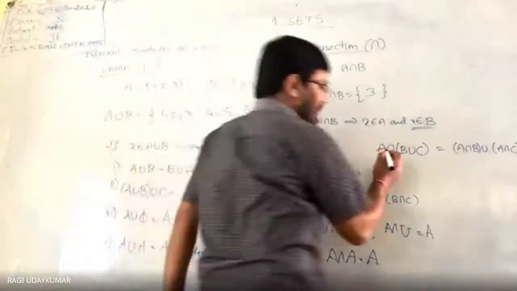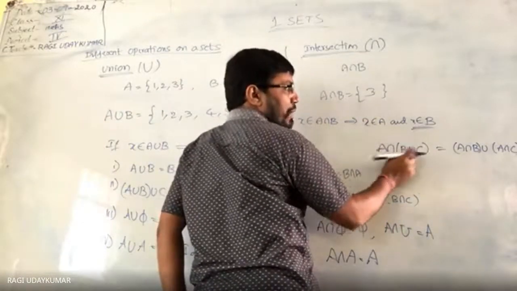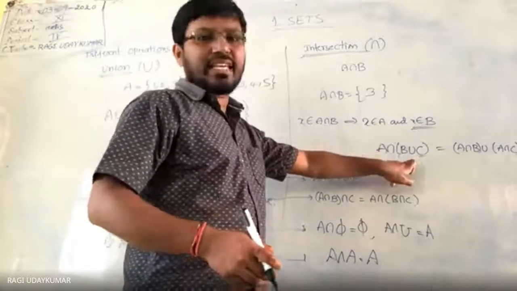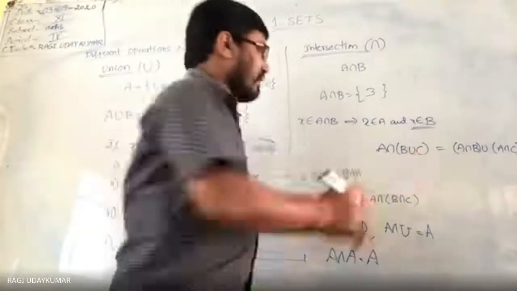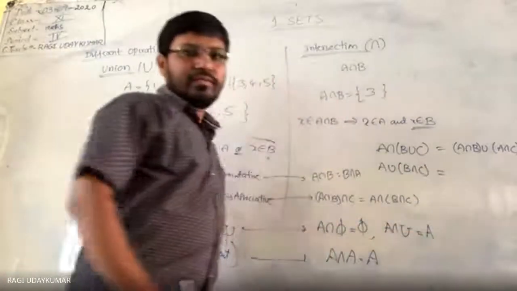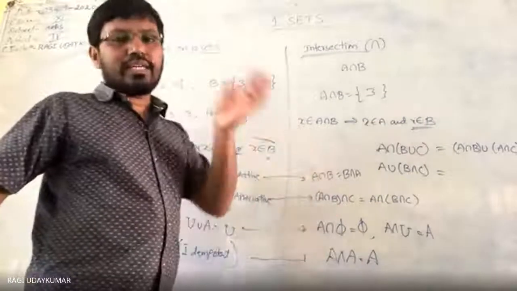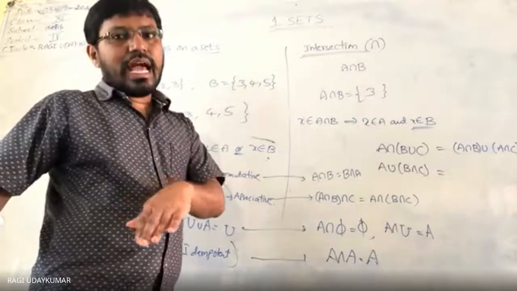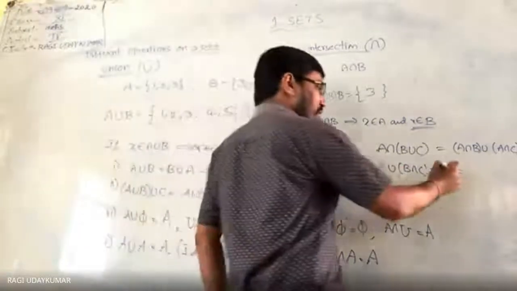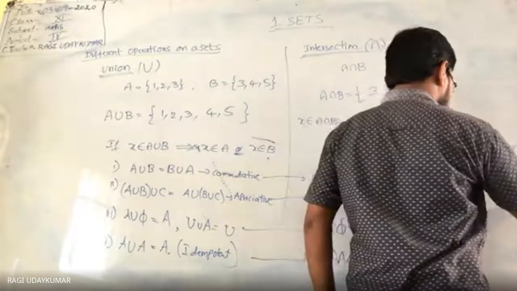First intersection, next union is given to you. This can also be written as A union B intersection C, and in this situation union distributes over intersection. In the second situation, we take A union B intersection A union C.